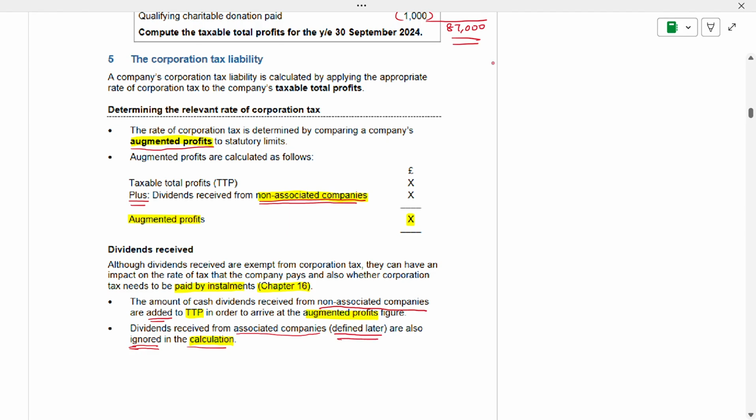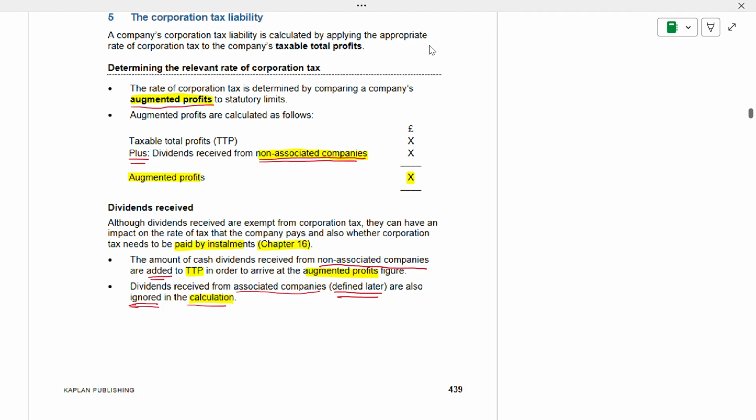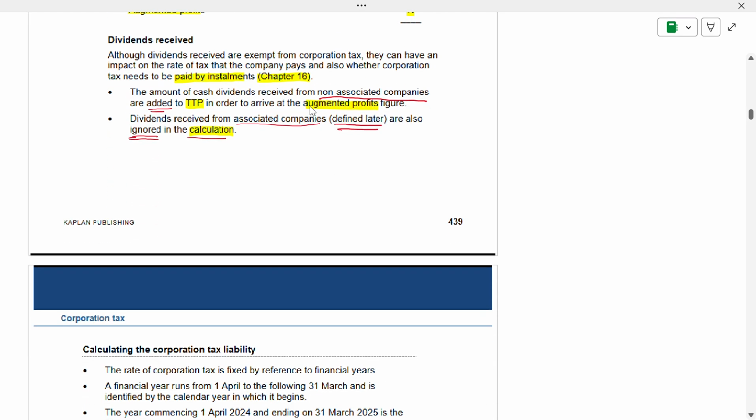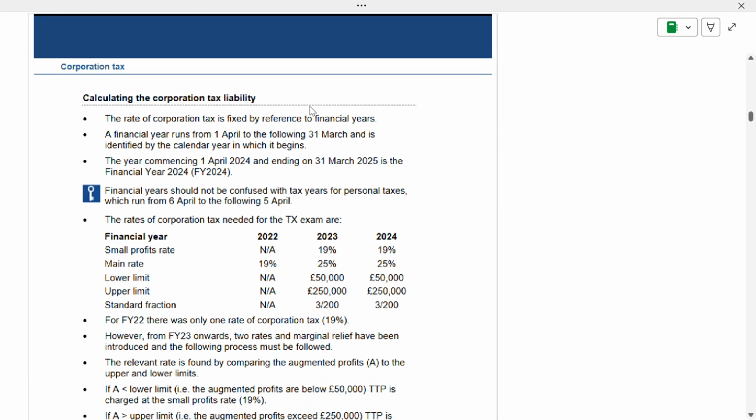Associated companies, we have to ignore. Okay, sir. They will mention clearly what the associated companies are. Is it okay? Yes, sir. Next.